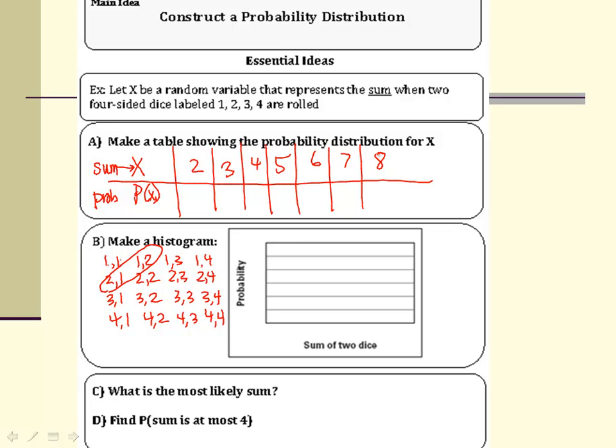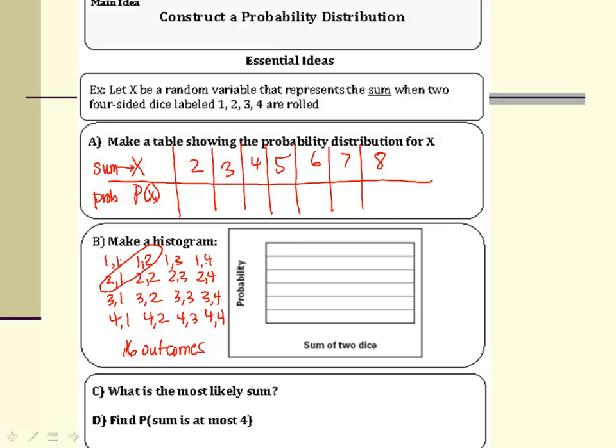And so what I want to do is look at the probability that that occurs. Now, how many outcomes do I have? I have 1, 2, 3, 4, 5, 6, 7, 8, 9, 10, 11, 12, 13, 14, 15, 16. So I have 16 possible outcomes for my sum. And so as I look at this, then I want to talk about the probability.